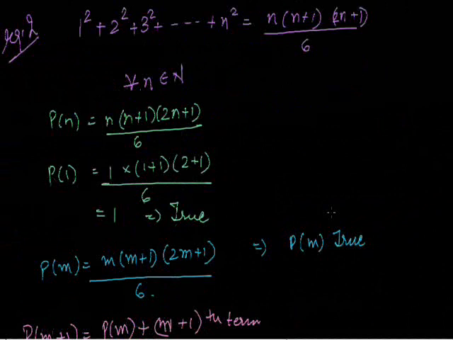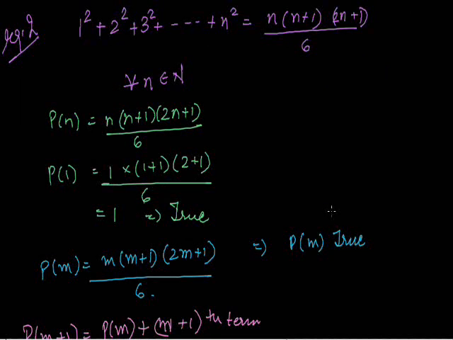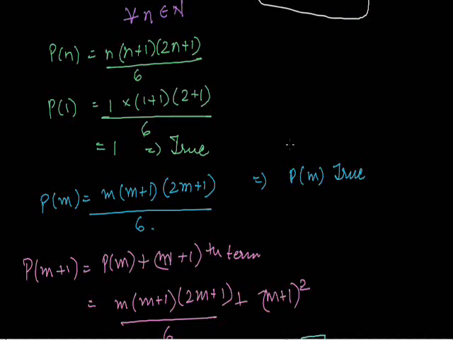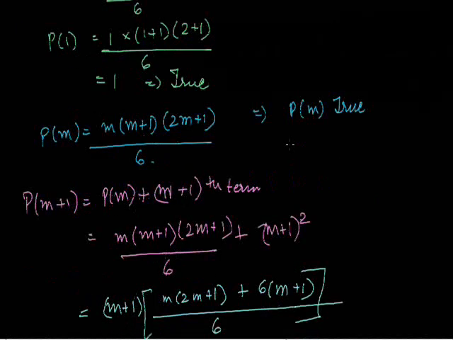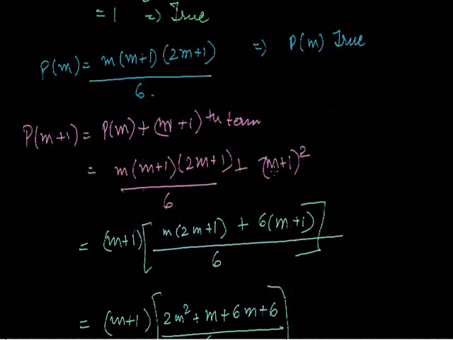Similarly, the next example we had is 1 square plus 2 square plus 3 square till n square. We had a general formula for it, that is n into (n+1) into (2n+1) by 6. We have proved it true for n equals 1. We have proved it true for n equals m, and using P of m is true, we have proved that it is true for P of m+1.